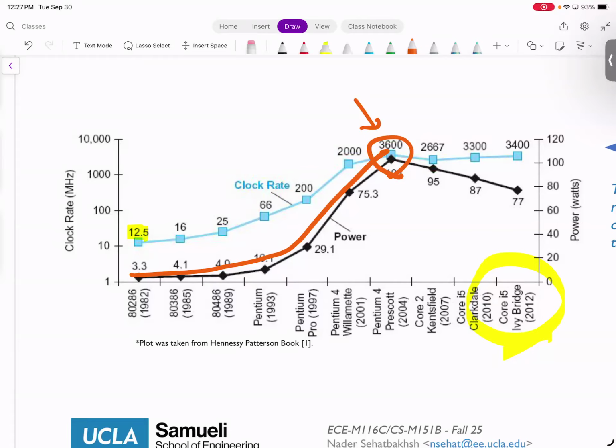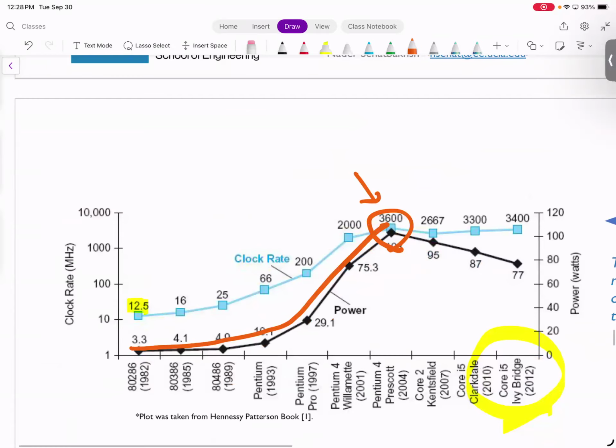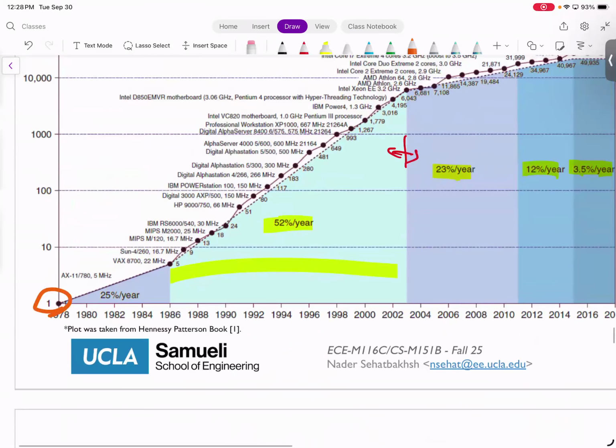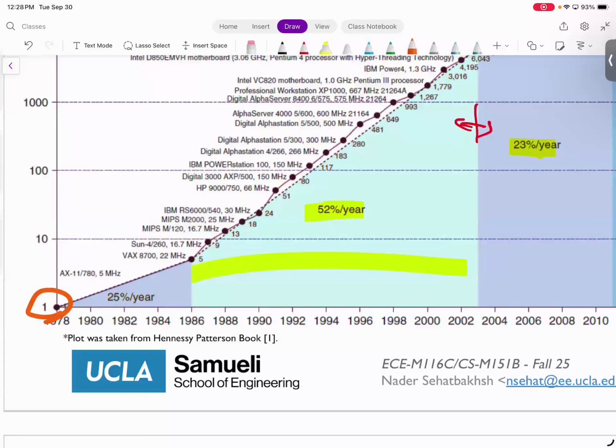Normalized to the volume of the computers. What do you mean? Oh, so the question is whether this figure and that figure are normalized. The top figure is normalized based on the performance of the baseline CPU. Let's say I run a multiplication and it takes X amount of time. I do the same thing on the newer CPU and see how much time it takes. I divide these two and that's how fast it is.